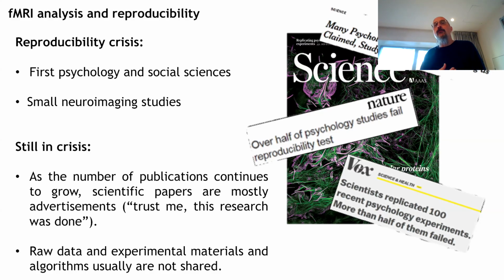So we need to be careful. And one way to bridge this reproducibility crisis, and I will talk about it, is to share raw data and experimental materials. And it's not always the case until now.